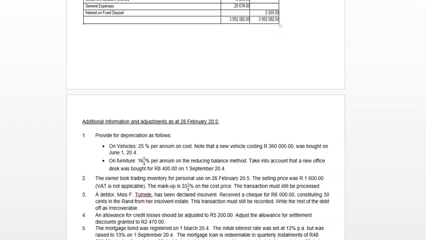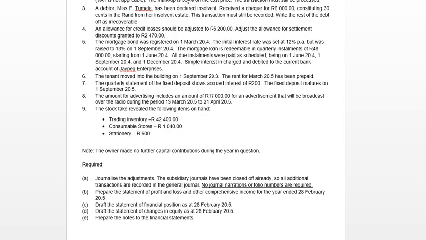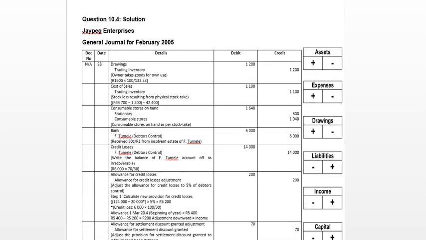Okay, but we did a stock take, and we found it to be 42,400 Rand. So there's a difference. So let's look at that difference firstly. Our balance, according to our pre-adjusted trial balance, is 44,700 Rand. We need to subtract this 2,200 Rand drawings from our inventory, because we still need to record that, and our inventory decreased by that.